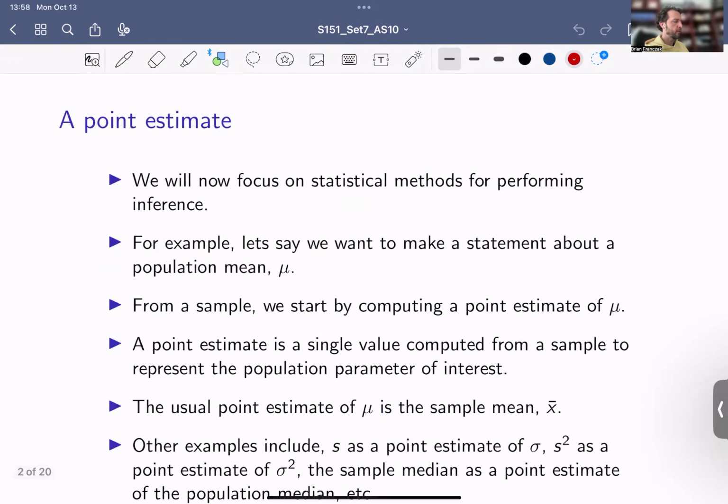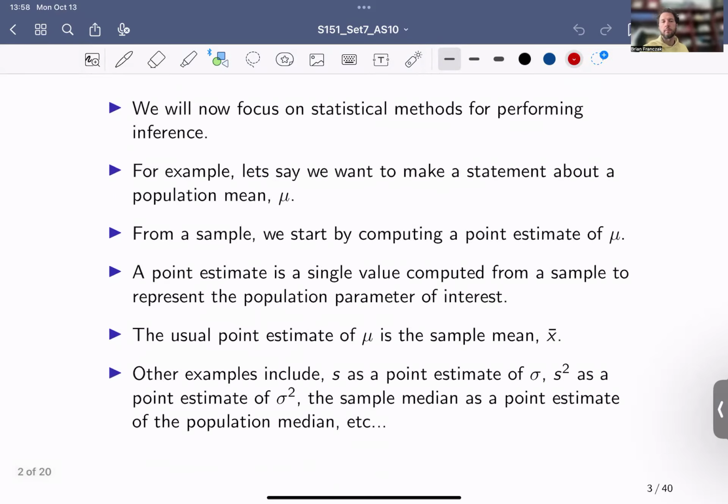So the first definition is that of the point estimate. Recall that statistical inference is the practice of making a statement about a population parameter from a statistic. In this course, we will almost exclusively be talking about a population mean or combinations of population means.